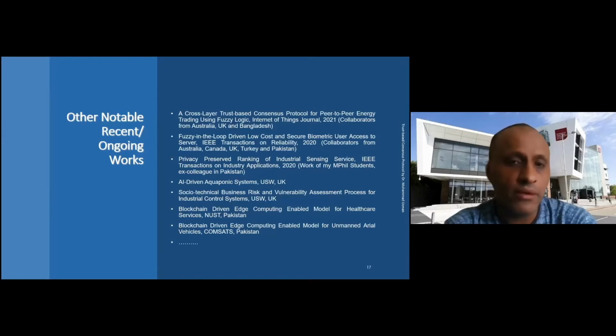We are also working on AI driven aquaponic systems here, and some socio-technical business risk and vulnerability assessment processes for industrial control systems. And in relation to blockchain technology, we are working on some healthcare and unmanned aerial vehicle solutions.